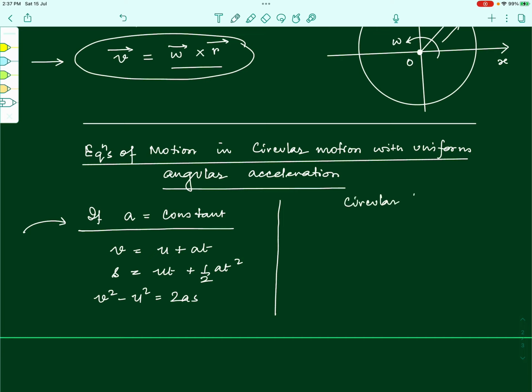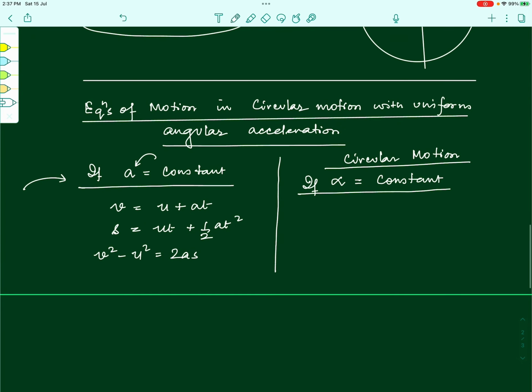In circular motion we say that we can write a similar set of three equations in case the alpha, which is the angular acceleration, is a constant. So instead of acceleration, if the angular acceleration of a body moving in a circular path is a constant, we can write these similar three equations just by replacing each linear quantity with its corresponding angular quantity.